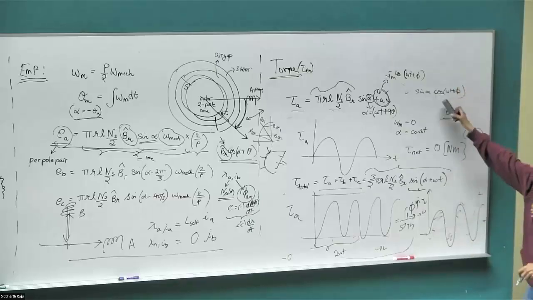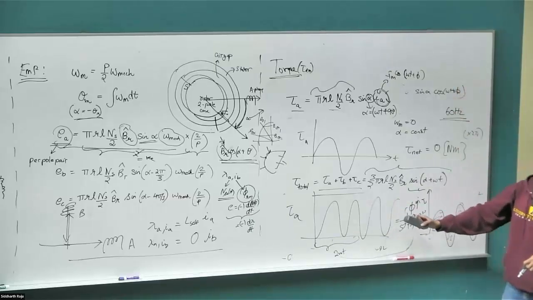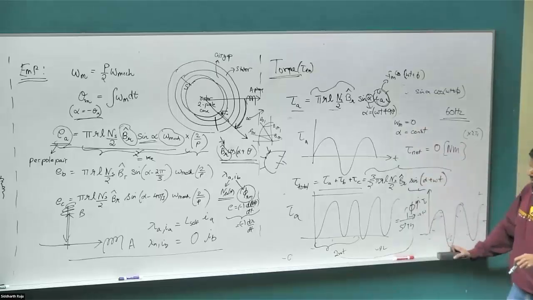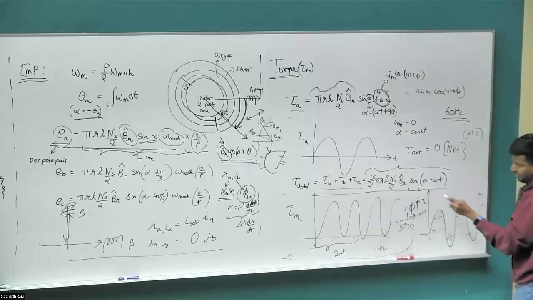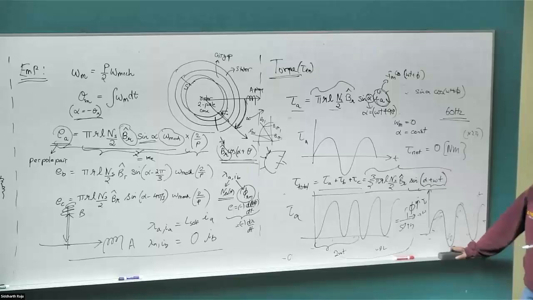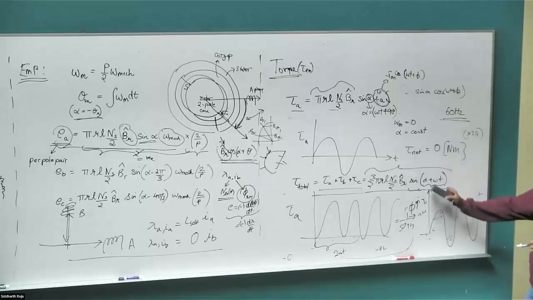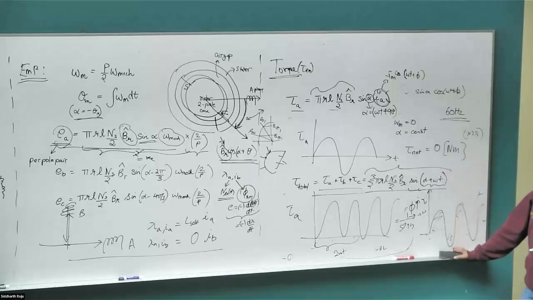That product term was what was creating the oscillation in the torque. But once you put all of the three phase coils together, the net torque doesn't come as a product, but becomes sine of alpha plus omega t. If you can get this alpha to rotate at the same frequency as omega t, then you get rid of that oscillation.